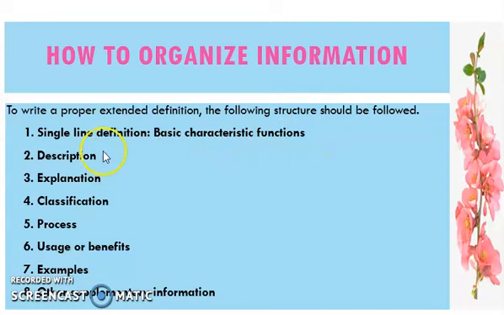That is, how you describe how the product looks like, and further we have to explain how it works, and moving on to it, what are the varieties available, and the process, that is the mechanism of how it works, followed by the usage, how it benefits the people who buy it. And in order to mention the benefits, we have to give examples. What are all the benefits in the form of examples and other additional details.